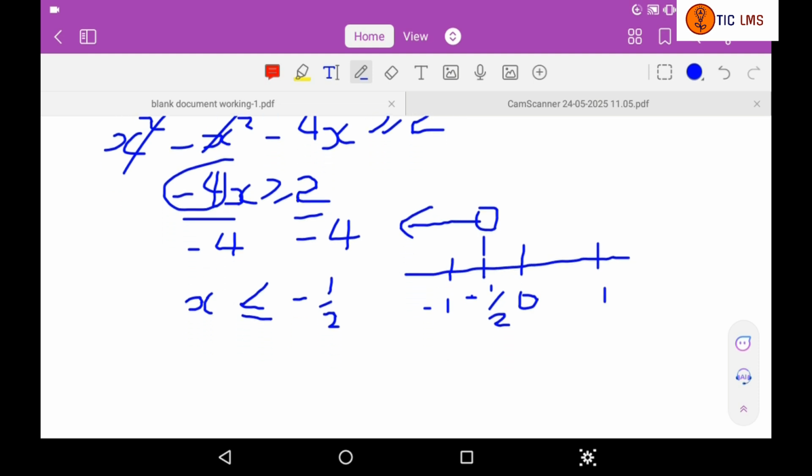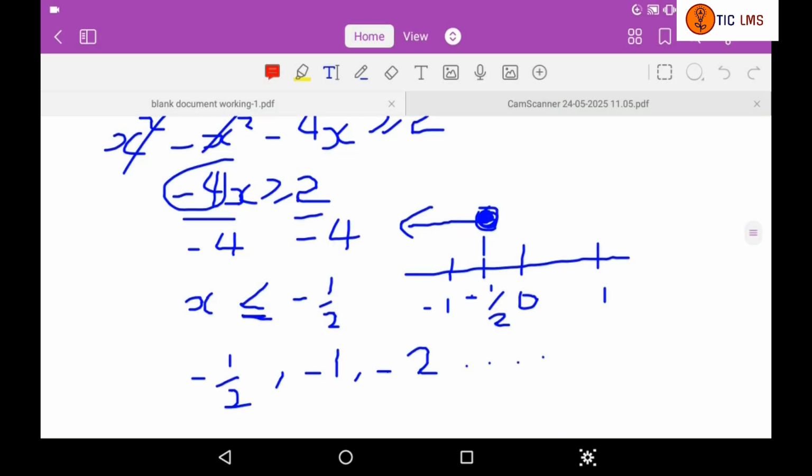So do not forget that you are expected to start from that negative 1 over 2 because of the less than and equal to which you have there. So the values are negative 1 over 2, negative 1, negative 2, and so on and so forth. It's as simple as that. And do not forget that we're going to shade this place as well.